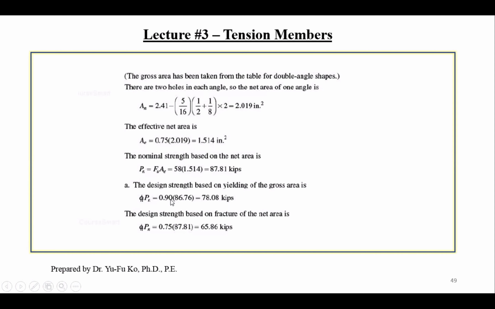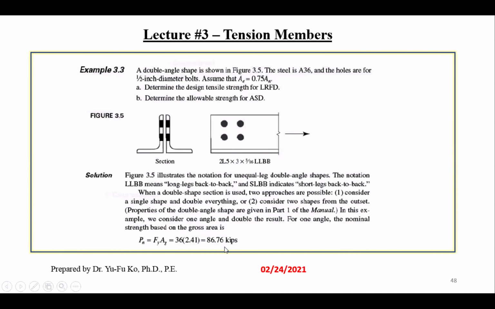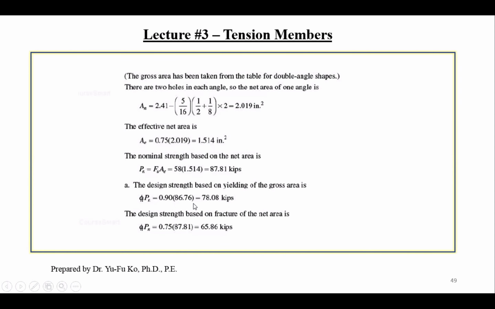So it's 0.9 for yielding times 86.76, which is based on the yielding nominal strength. So we end up with 78.08. The design strength based on fracture will be 0.75 times 87.81. You got 65.86. Any questions so far regarding all the calculation?